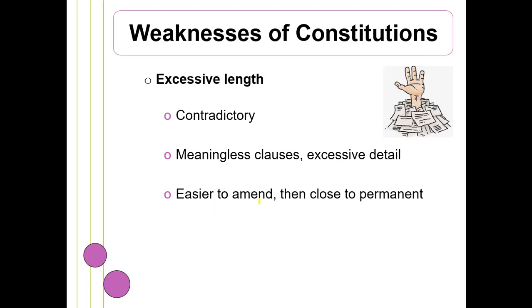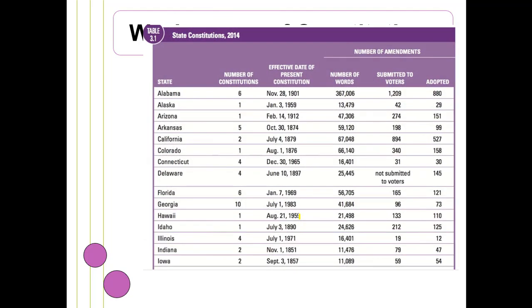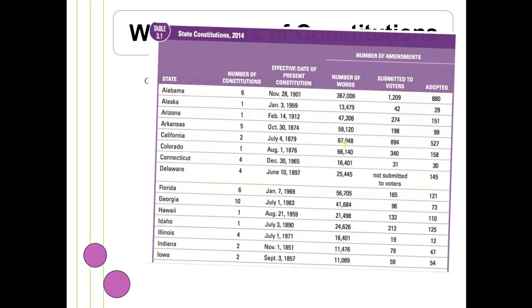And once it's amended, the amendment is almost there to stay. Now, speaking of the length, this is a chart from the book. You can see the wide variation in the number of words in these constitutions. Alabama has by far the longest. You can see the average here as far as the length of their constitutions.